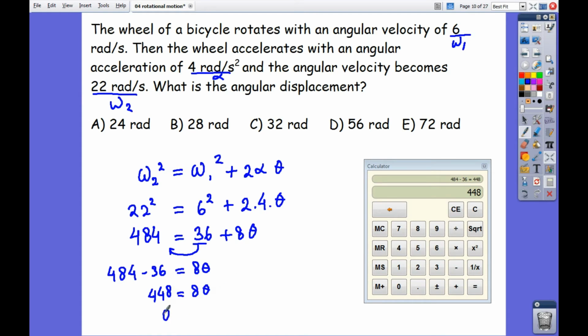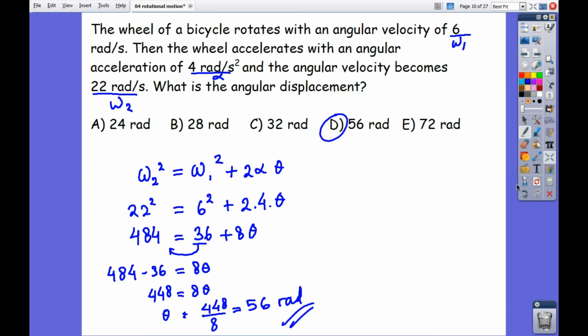So theta is 448 divided by 8, we got 56 radians. Ta-da!